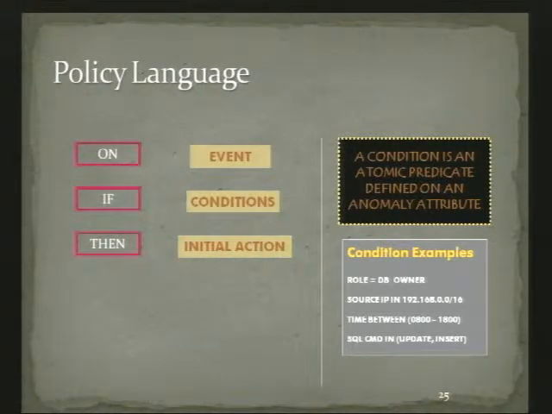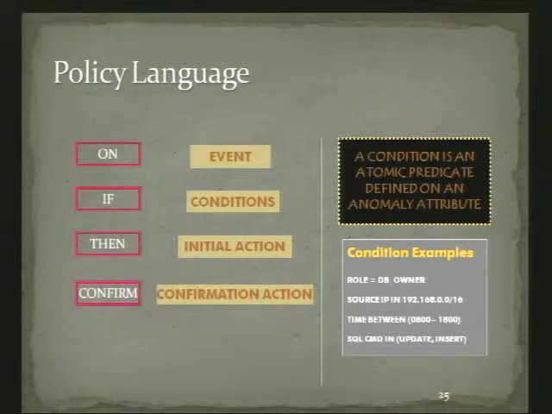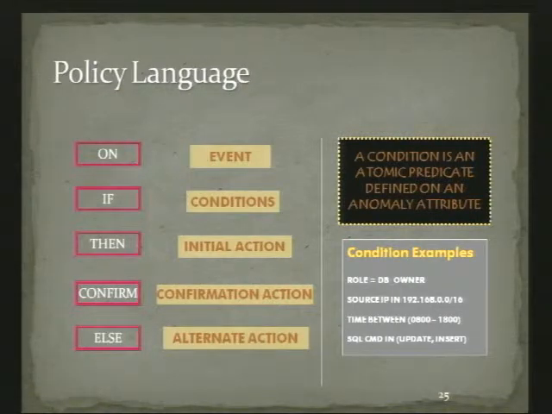We go a little bit further, because we want to give a high level language to the user to specify these policies. If the initial action is, let's say, privilege suspension, then in the policy itself you can specify what confirmation action needs to be taken, and what alternate action to be taken in case the confirmation action fails.